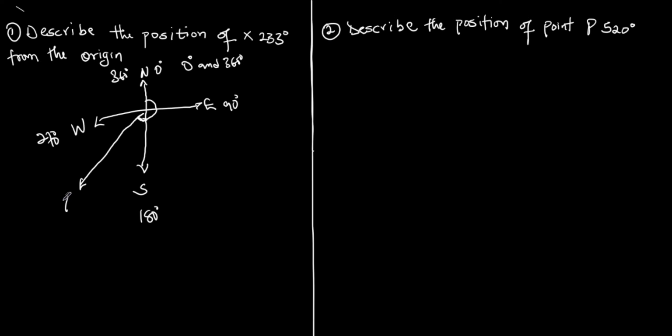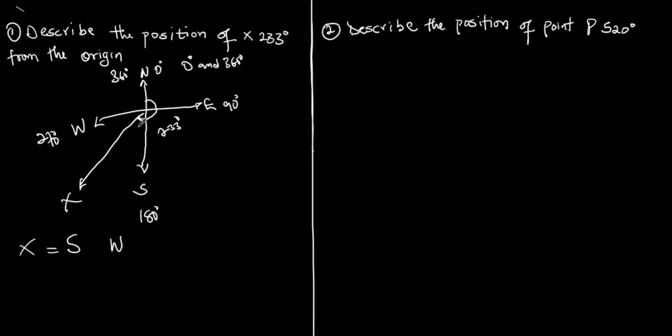So this is our X, which is 233 degrees. Now, to represent this in bearing, because we're asked to describe the position of X itself, X is between south and west. So X will be, starting from the south, going towards the west, which is southwest.